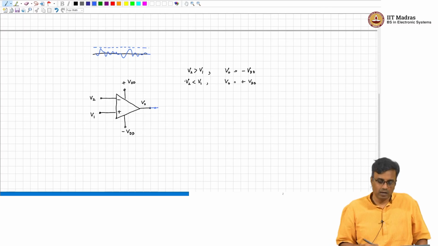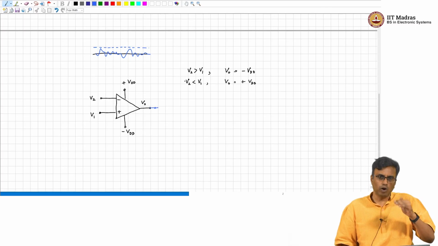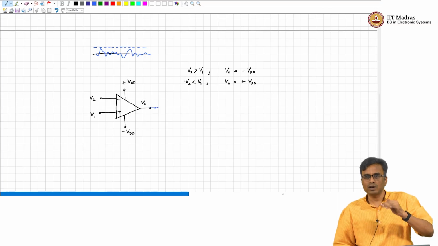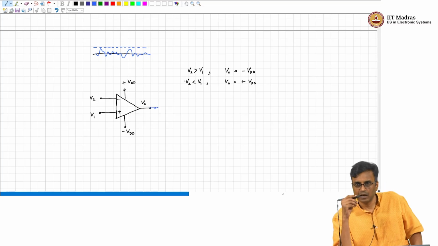Okay. And we want to make sure that a small change in V2 should not cause, if V2 goes up just a little bit, we do not want the output to change sign and go to minus VDD. So, what should we do with the threshold?